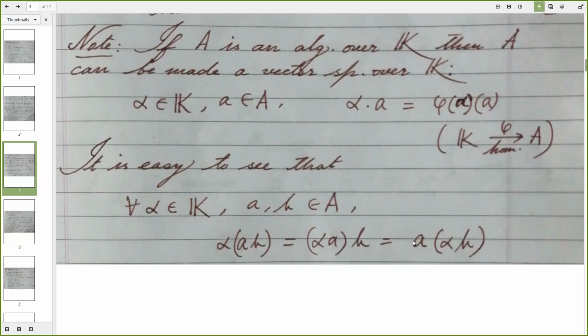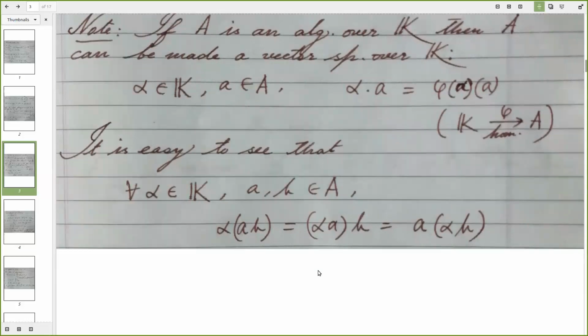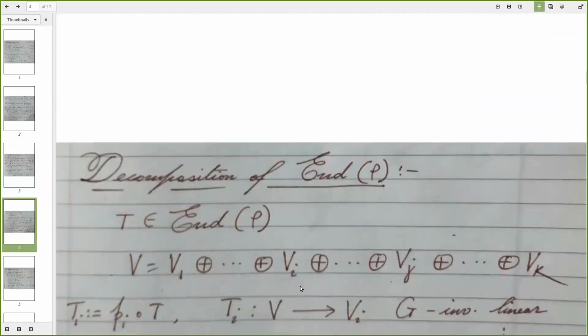Now since it's in the center, you can write it as a into phi alpha into b, again using associativity, you get this. So this is where we need that the homomorphism sends K inside the center of the ring A. Okay, let's go ahead.